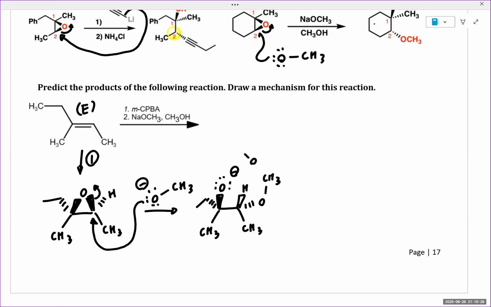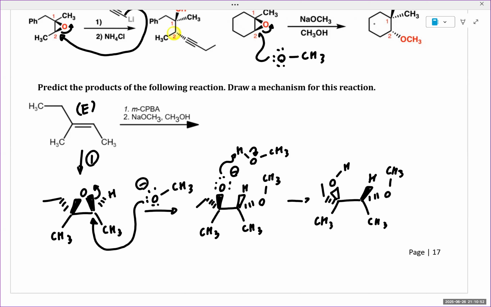From here, as a cleanup step, we're going to protonate the alkoxide, and that in turn generates our neutral product. We get this product along with the enantiomer.